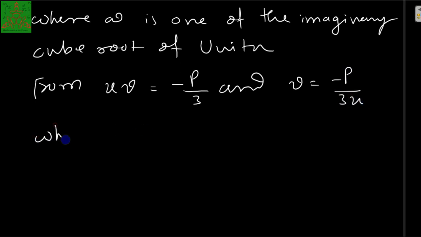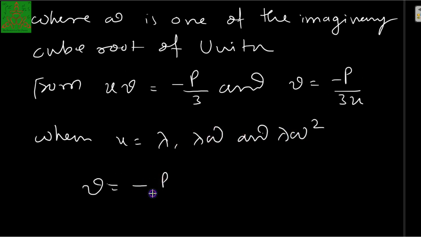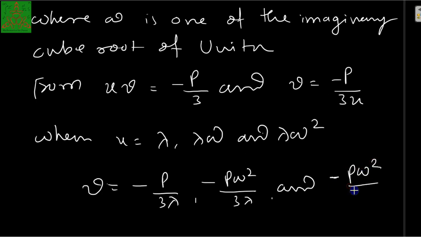When the values of u we have calculated are lambda, lambda omega and lambda omega square, we'll have minus p upon 3 lambda, minus p omega square upon 3 lambda, and minus p omega upon 3 lambda, because we substitute the value of u.